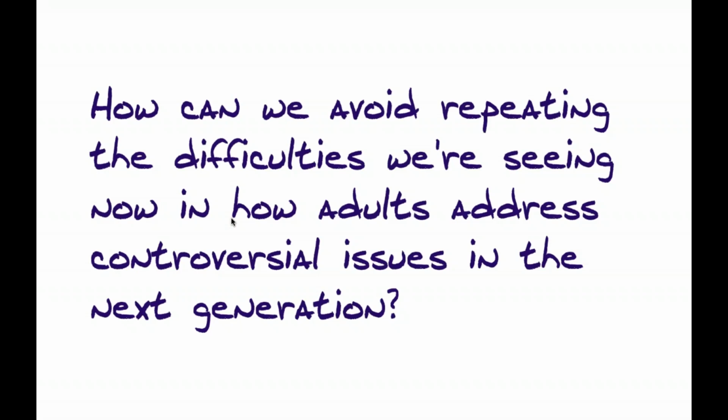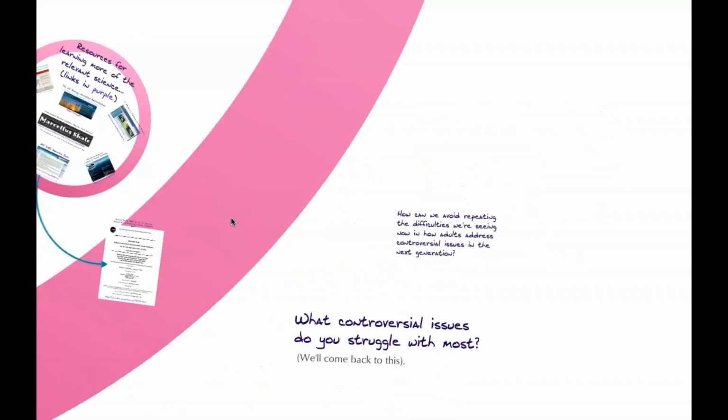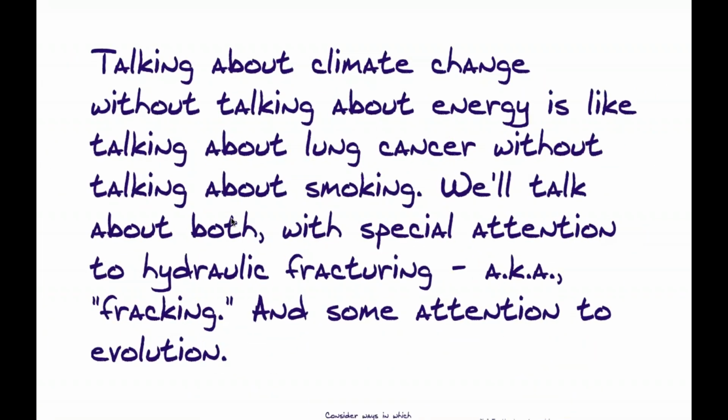I think pretty much everyone agrees that the national dialogue right now is a disaster. I'll also note that talking about climate change without talking about energy is like talking about lung cancer without talking about smoking. And, oh dear, I've forgotten who I'm stealing that from, but it might come to me.